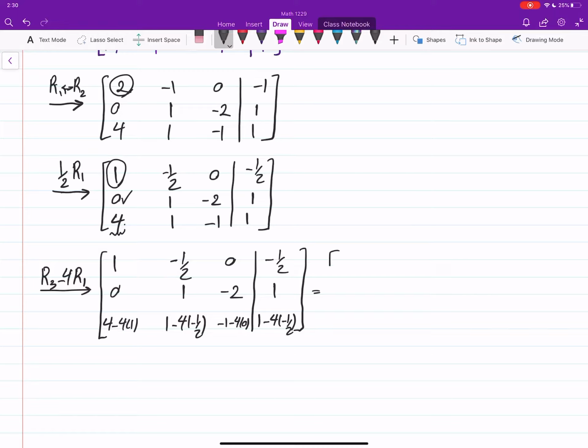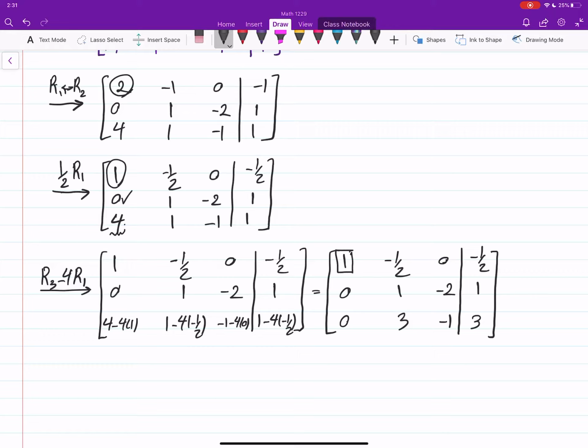And when we do this, we get 1, -half, 0, -half, 0, 1, -2, 1, and this is 0. This one will give us 3. This is -1, and this is another 3. Nice. We are done with the first leading one.